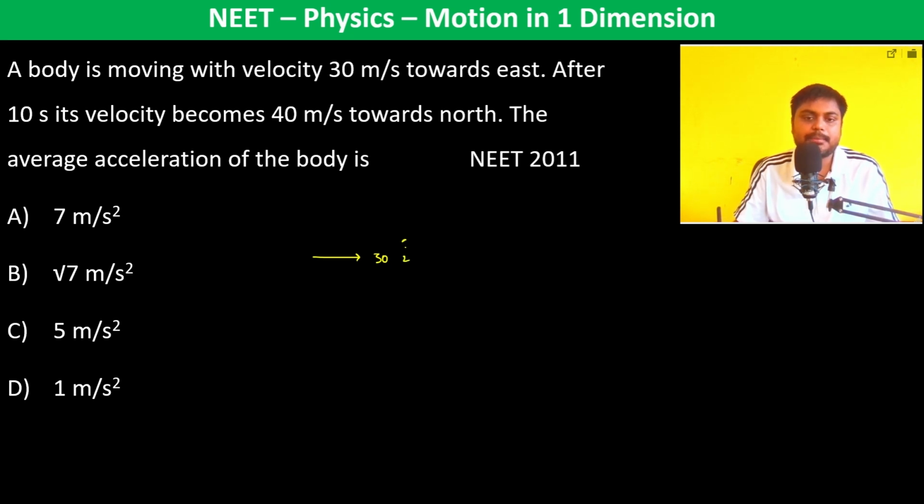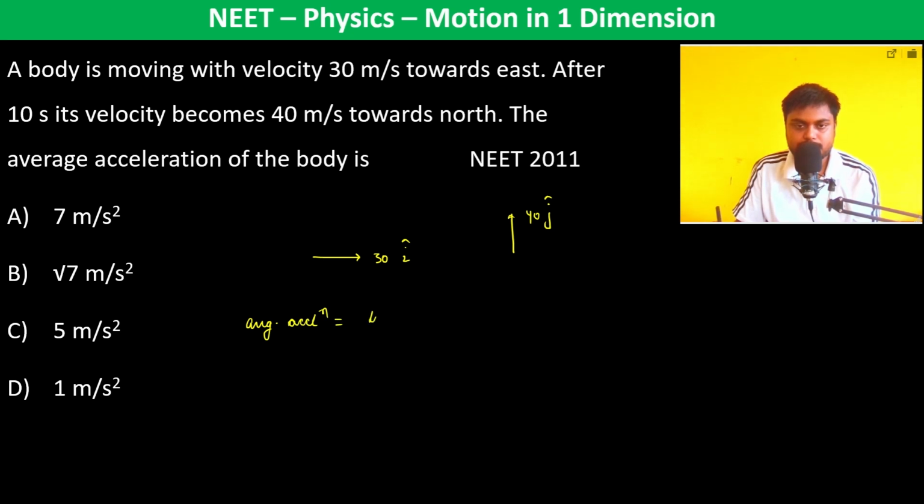A body is moving with velocity 30 meter per second towards east, so 30 i cap. After 10 seconds its velocity becomes 40 towards north, 40 j cap. The average acceleration of the body is the total change in velocity divided by the total time taken.